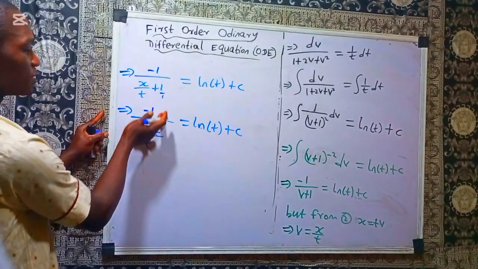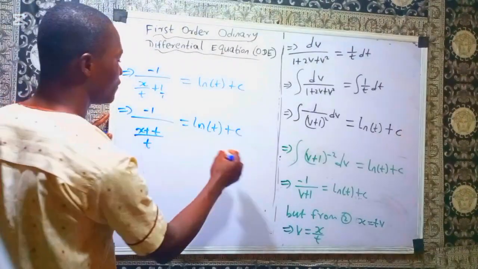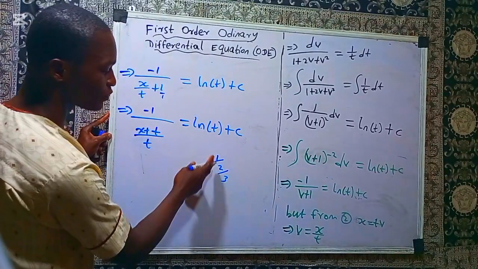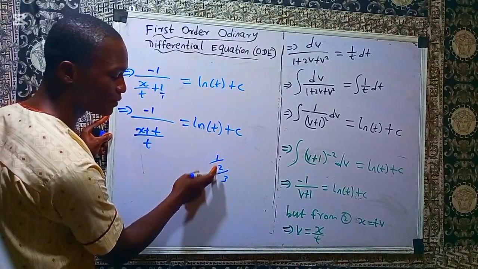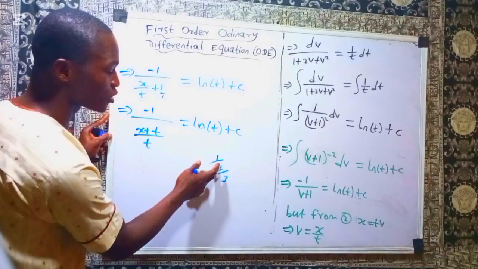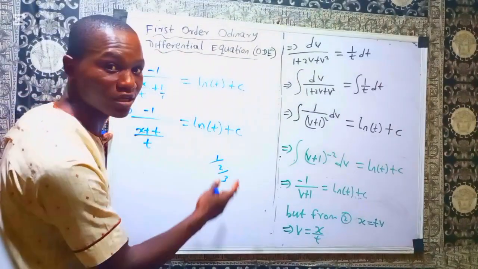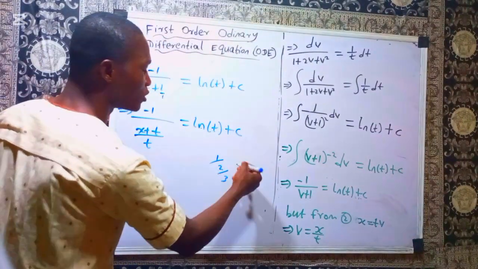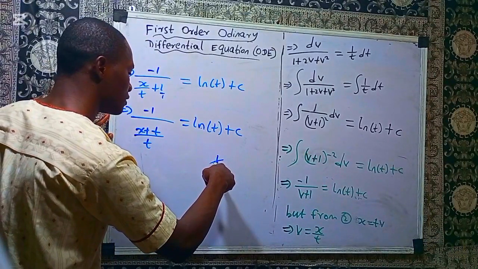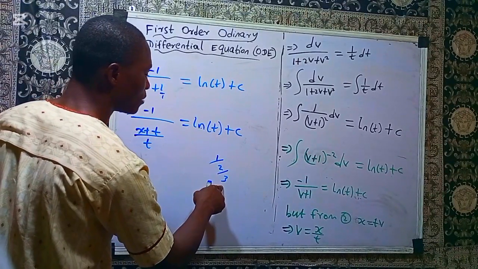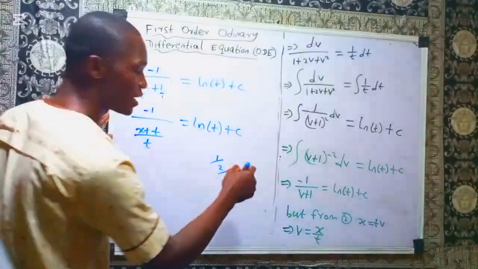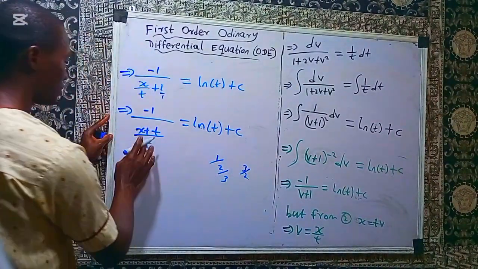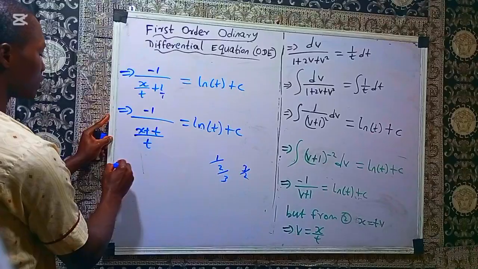So this is just the reciprocal of a fraction. If you have 1 over 2 over 3, this means this is the reciprocal of the fraction 2 over 3. Your denominator will become the numerator, and the numerator will become the denominator. So instead of 2 over 3, you now have 3 over 2. The same explanation holds here.